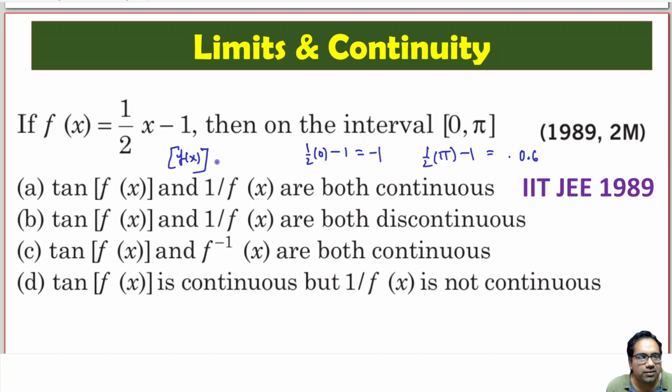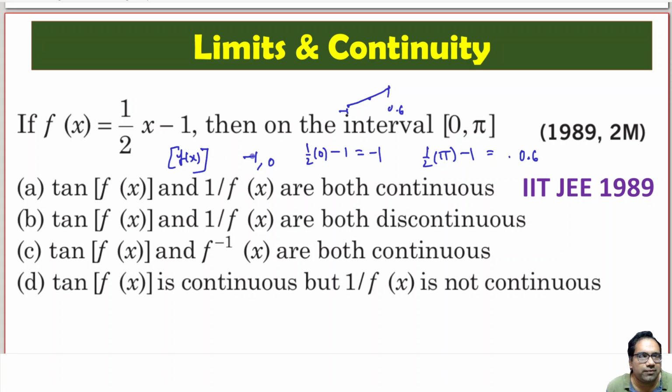So the greatest integer function of f of x can be either minus 1 or 0, because when it is pi by 2 minus 1, right, 1.5 or 1.6 minus 1 is 0.6 or 0.5. So this half of x minus 1 is standing between minus 1 and 0.6, right?